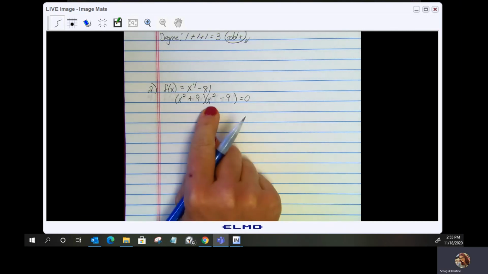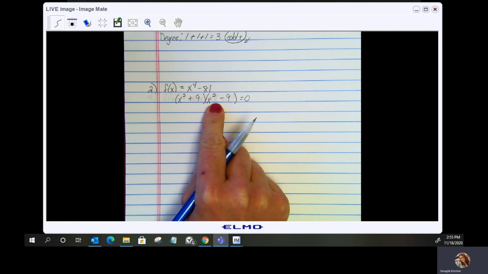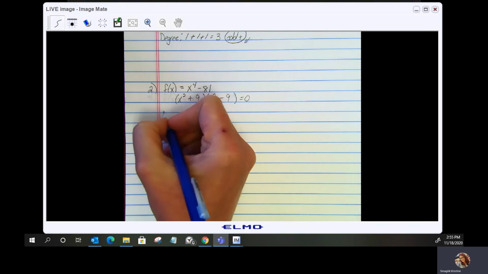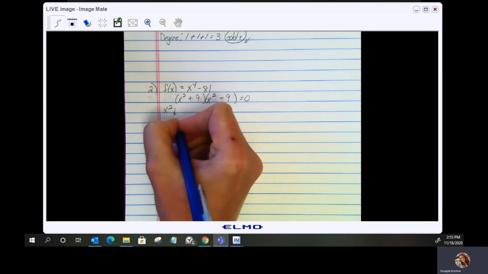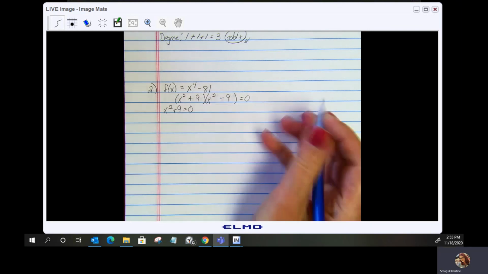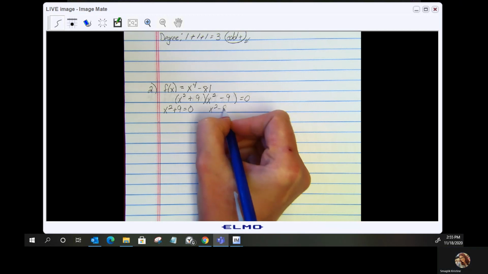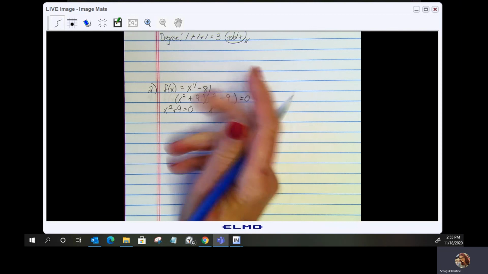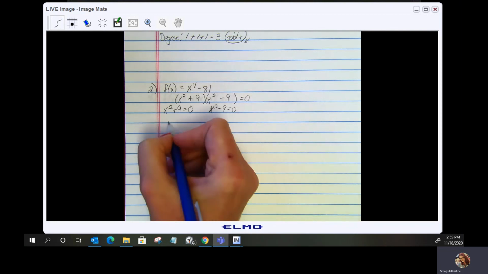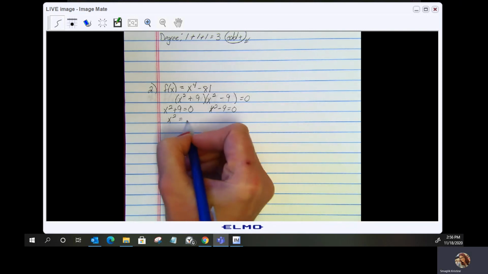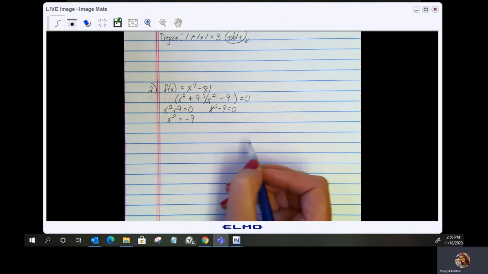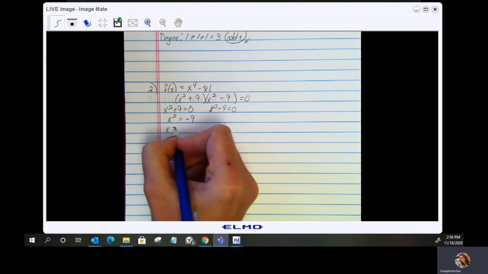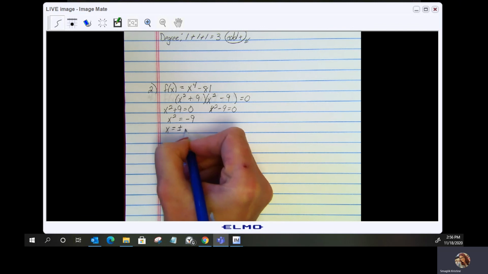Now I could factor this one again. This is another difference of squares, but I'll use my square root property to solve. So let's set each factor equal to 0, zero product property. Now let's solve. I'm going to subtract the 9. I get x squared equals -9. To get rid of this square, I need to take the square root of both sides. Don't forget when you do that, you need to do plus minus.